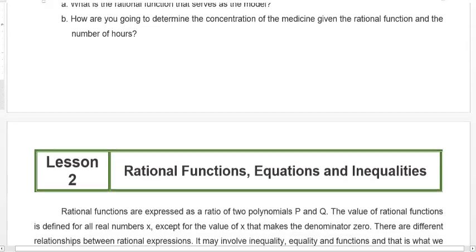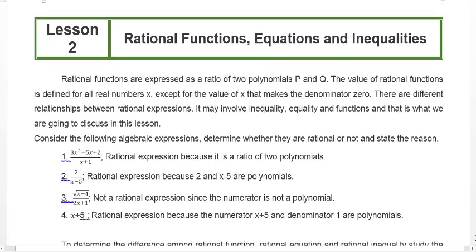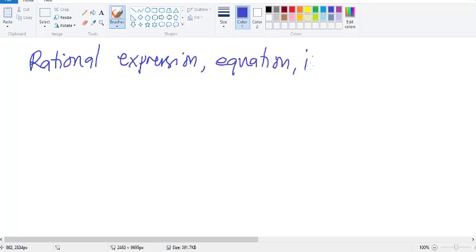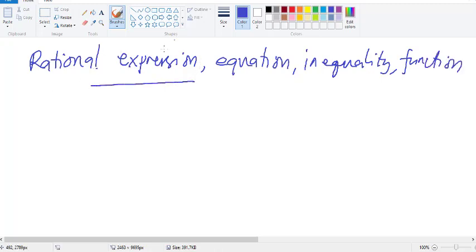Next, we are already at lesson 2: the difference between functions, equations, and rational inequalities. So, we have rational expression, equation, inequality, and function. When we say expression, it's just an expression. For example, 2 over 4 is already a rational expression.